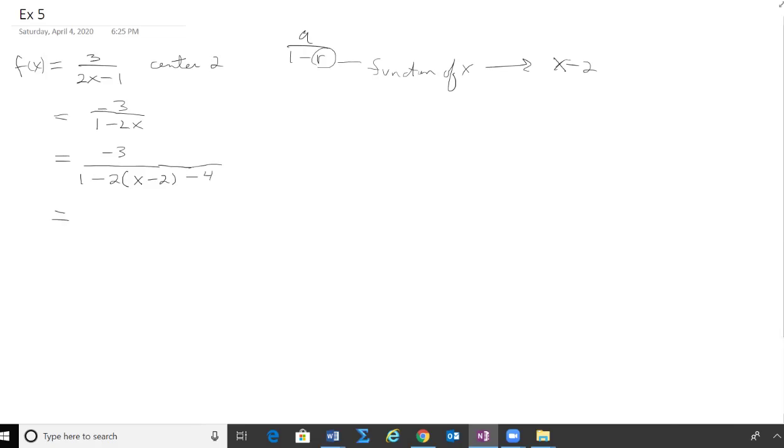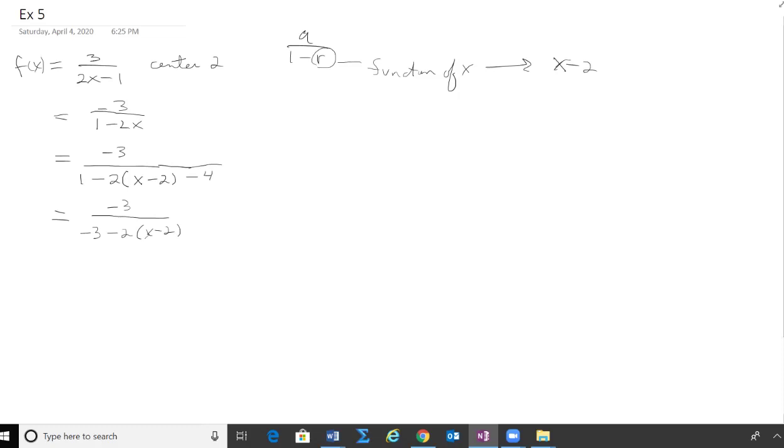So that gives me then, let's clean this up a little bit. It gives me a negative 3 minus 2, x minus 2, like that.